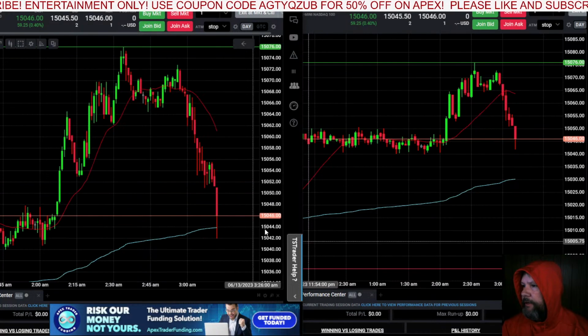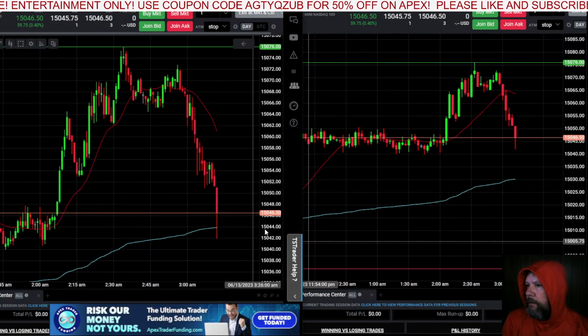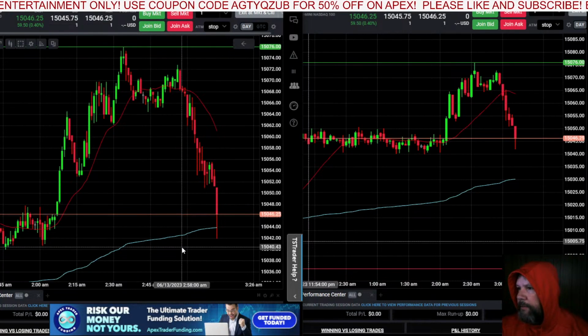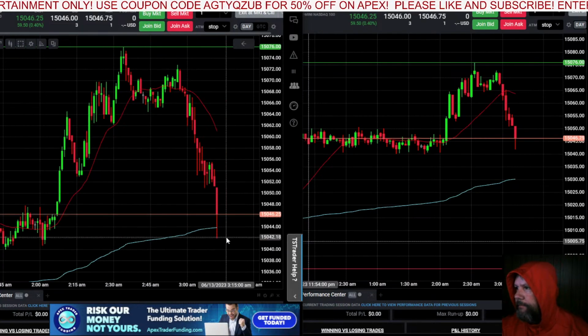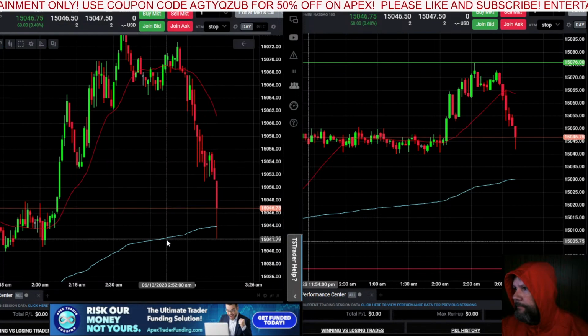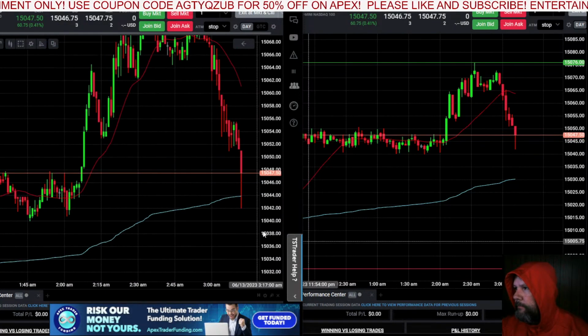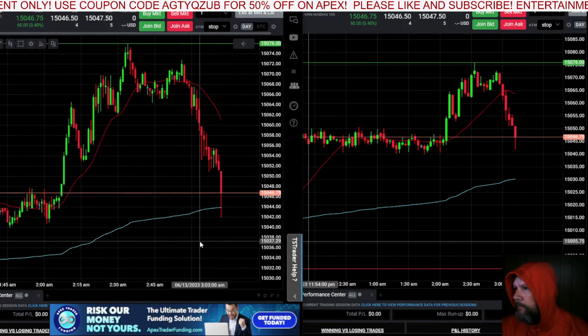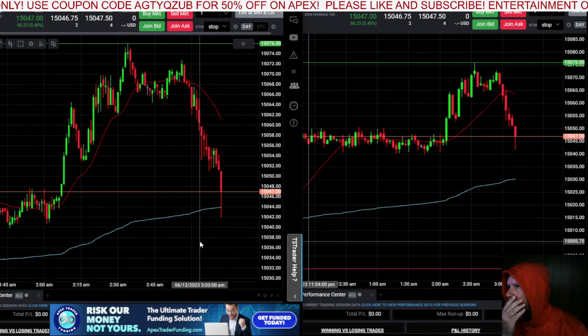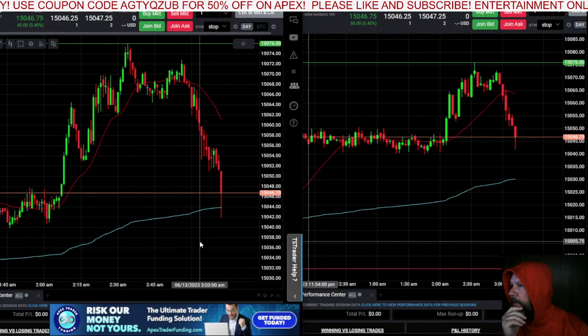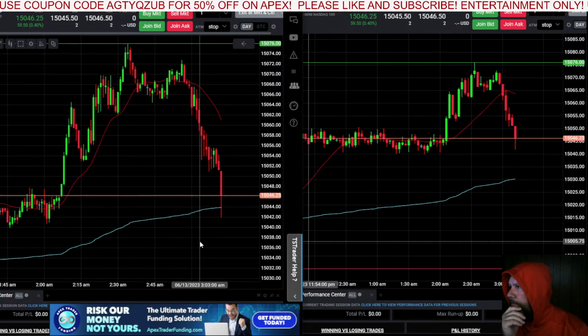Still pushing down here. Wow. Did it pierce that liquidity? Let's pay attention. Did not pierce this liquidity yet. Approaching the VWAP there on the 1 minute chart.